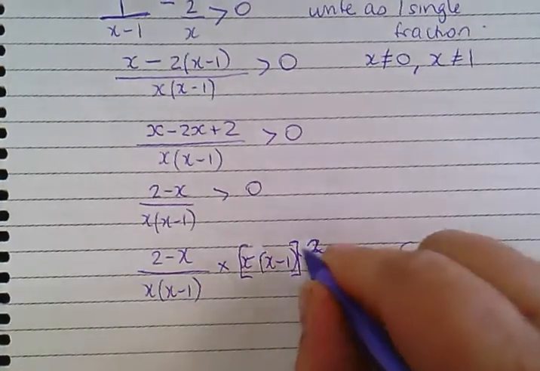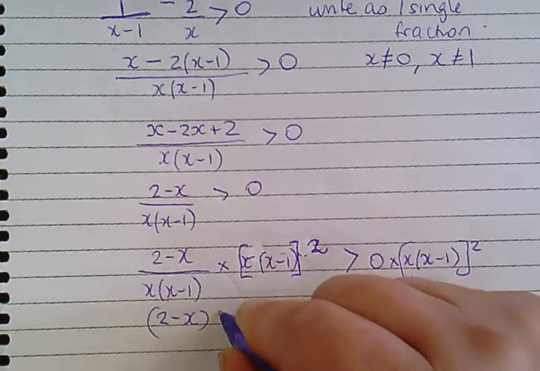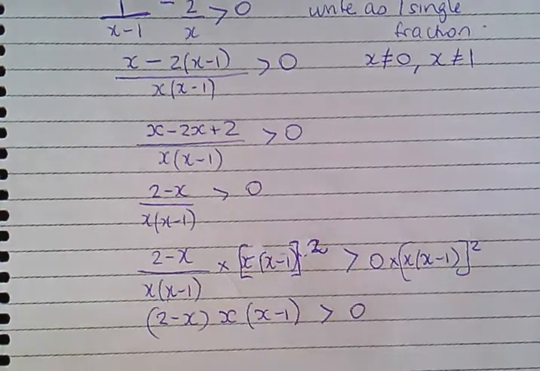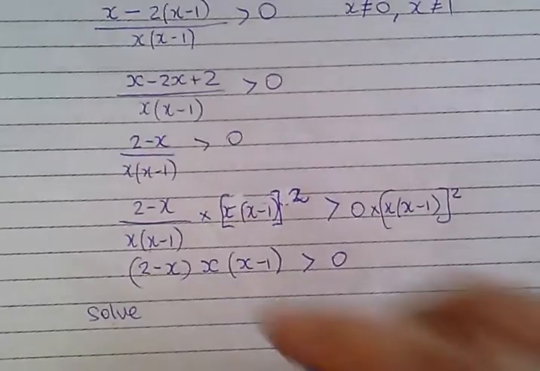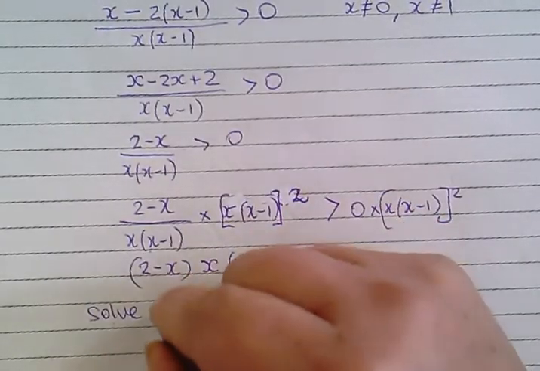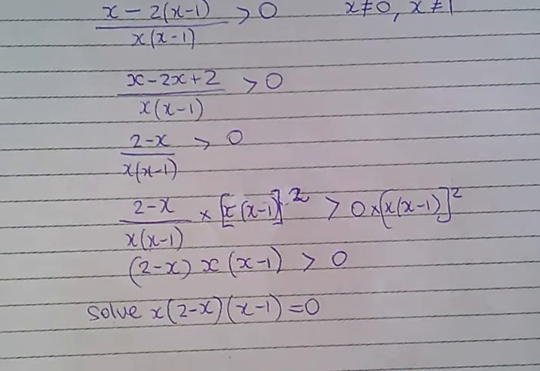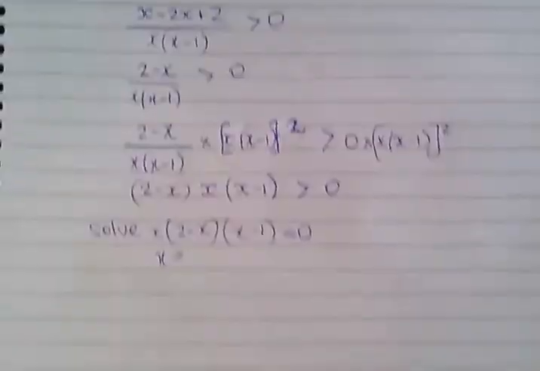So what have I got? One of these cancels with one of those, and I've got (2 − x) times x(x − 1) is greater than 0. Are we okay with that? Because one of these sets cancels with the denominator. So remember, we're going to solve and put it equal to 0. I'm going to bring that x to the front, by the way. I don't like it there in the middle. I'm going to call it x(2 − x)(x − 1). And what's your solution to that? Are we good?